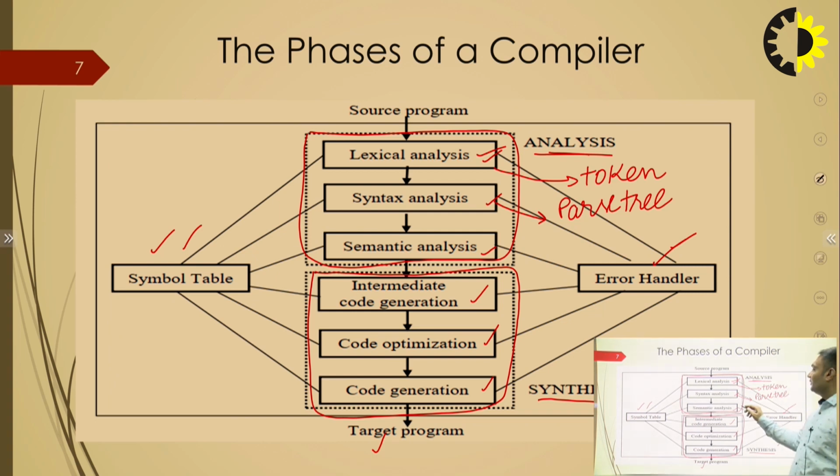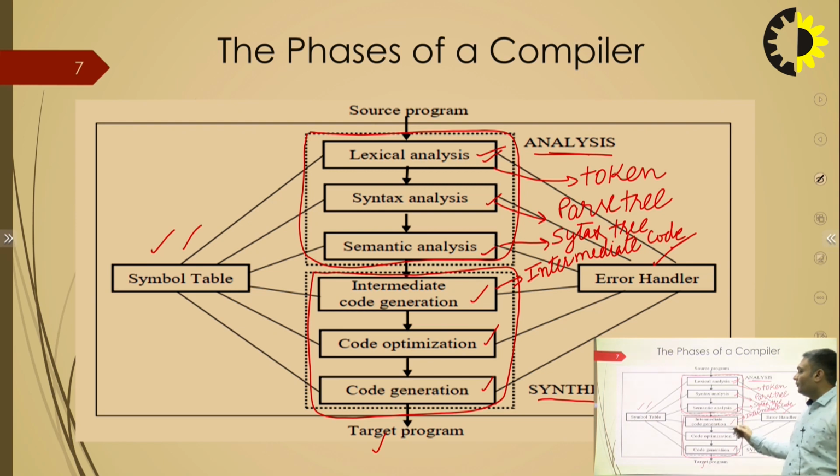Semantic analysis makes this parse tree more annotated, so the syntax tree is produced by the third phase. Some intermediate code will be produced on the basis of the syntax tree with the help of the intermediate code generator.